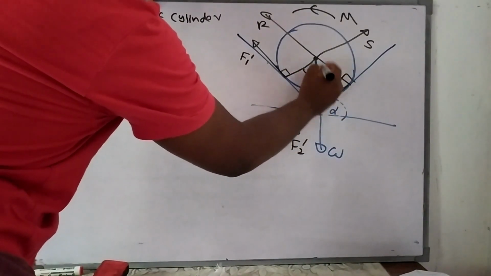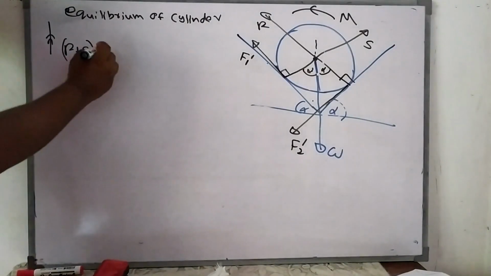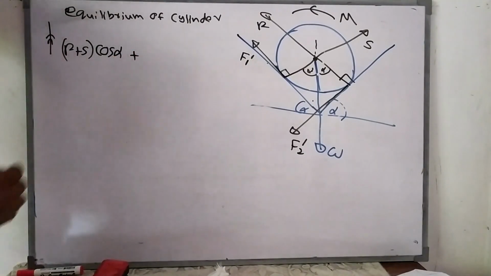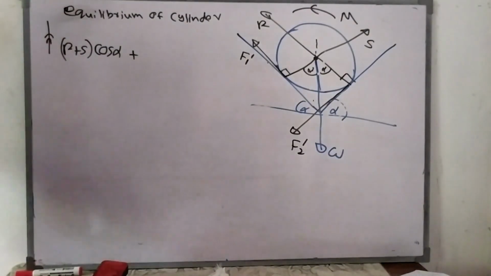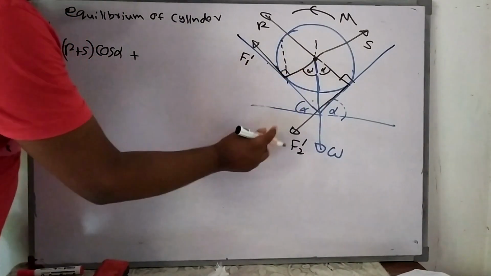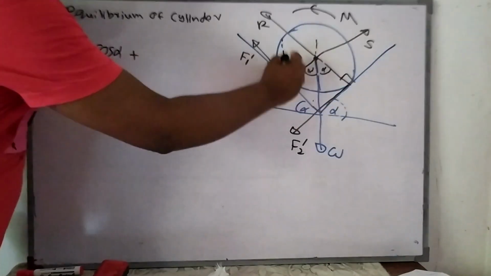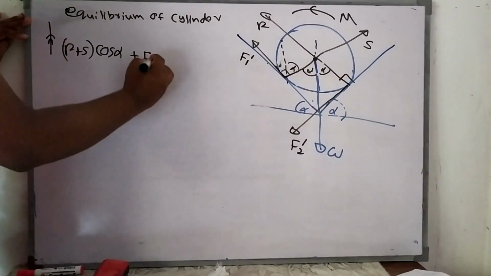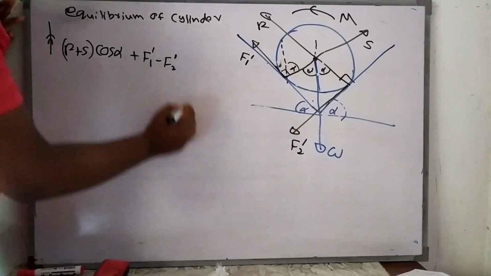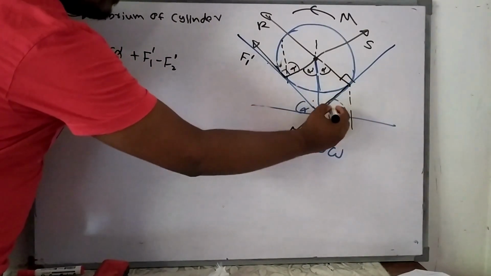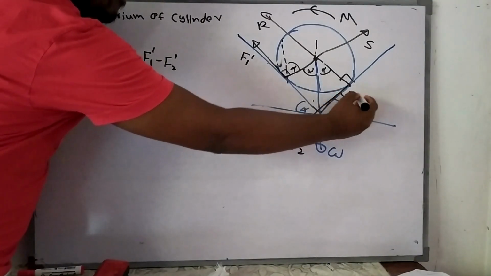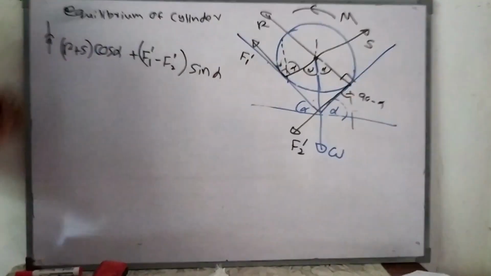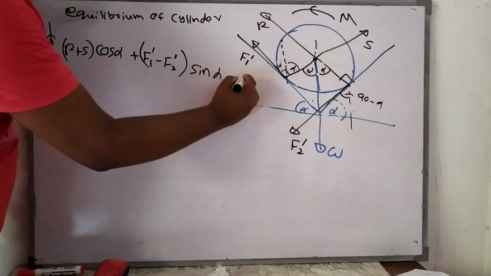So this is obviously alpha, both alpha, it's symmetric, and R plus S cos alpha plus, this is again alpha, no, sorry, it's the other way, it's 90 minus alpha, and F1 dash minus F2 dash, this is 90 minus alpha, and it's sin alpha, and equal to W.